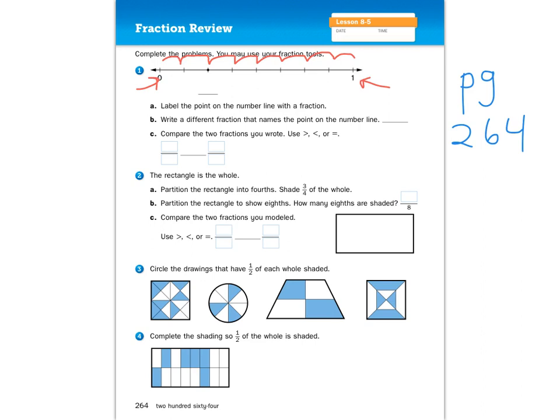If we're talking about this one right here, what fraction would that be? Well, it would be 1/8, 2/8. So on this line, we're going to put 2/8. And it says label the point on the number line with a fraction. Then it says write a different fraction that names the point on the number line. So we want to think of an equivalent fraction.